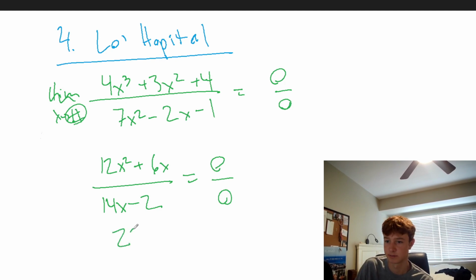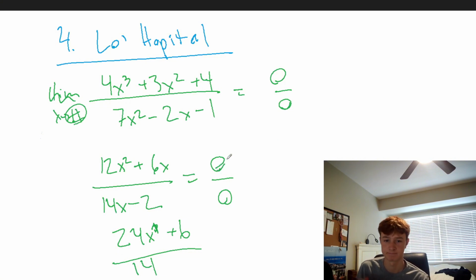So we take the derivative again, just 24x to the power of 1 plus 6 over 14. And now we plug in the number again, and hopefully we get a valid output. But so long as you keep getting 0 over 0, you can keep doing L'Hopital's rule.